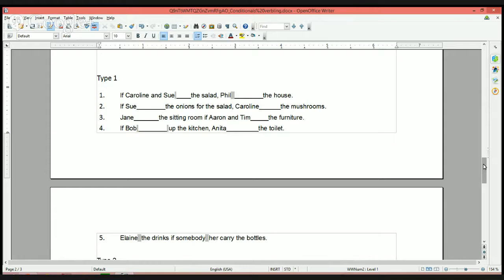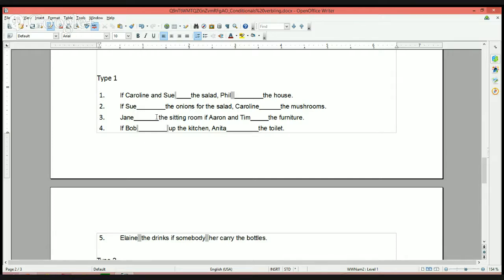Jane is clean the sitting room. If Aaron and Tim... So your verbs are good. Clean works well for the first blank, but we need a will there. Yeah, we need a will there.